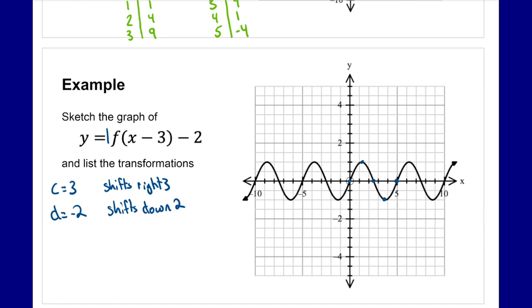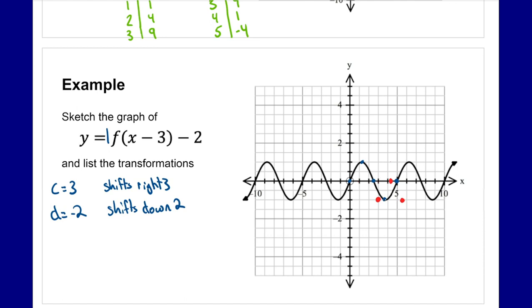So I'm going to take the first point, go over 3, so 1, 2, 3, and down 2. Take my next point over 3, so 1, 2, 3, down 2, 1, 2. Next point over 3, 1, 2, 3, and down 2.